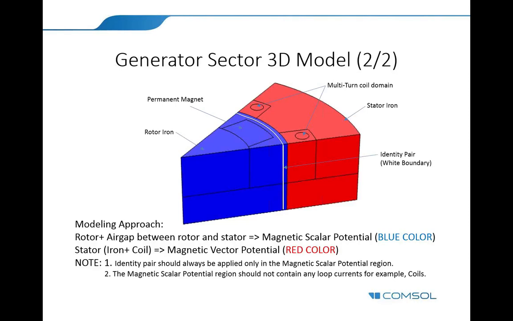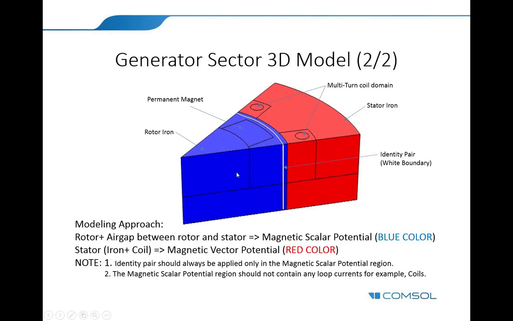Now, the way it is set up is the red is a vector potential region and the blue is the scalar potential region. In the red region, we also have a multi-turn coil domain. We always want to make sure that the coil part is embedded in the vector potential region.